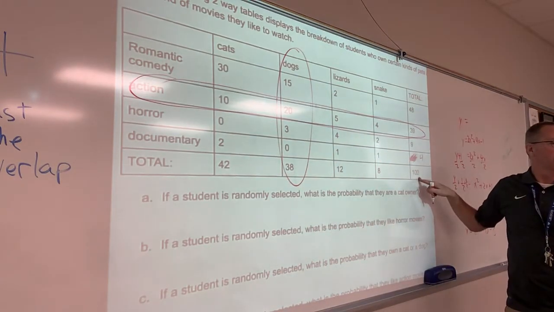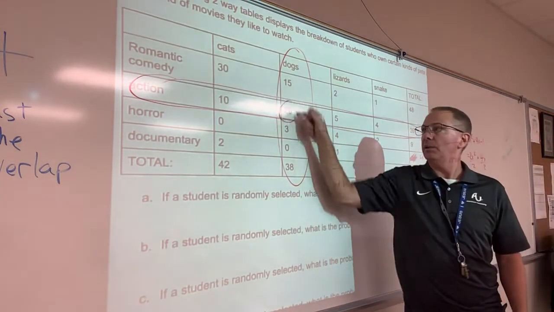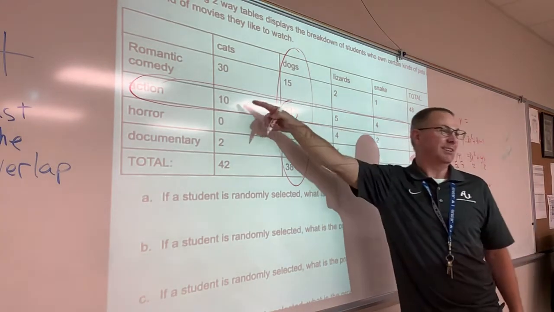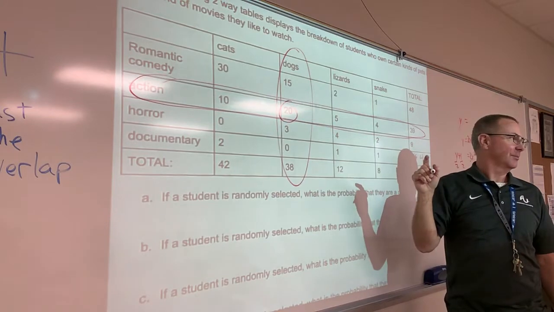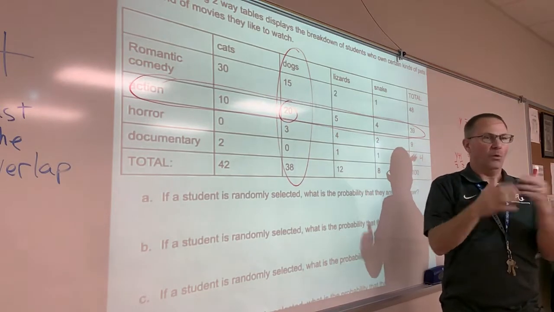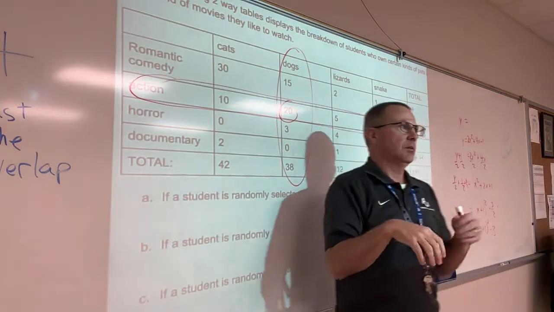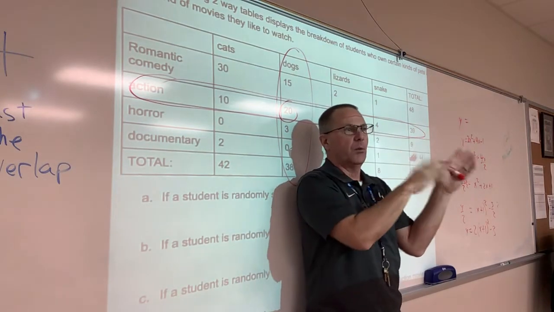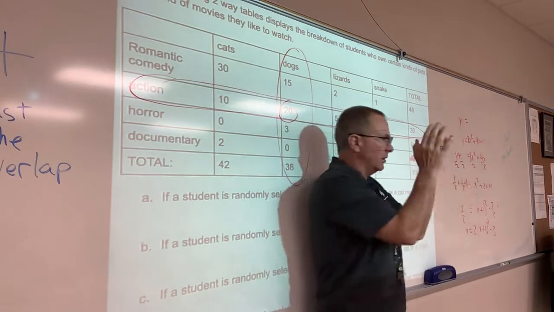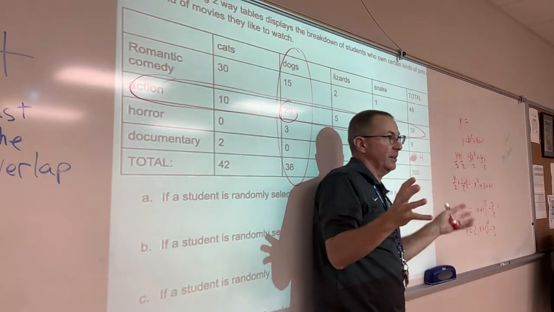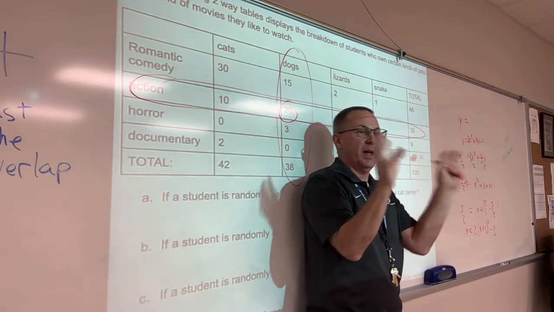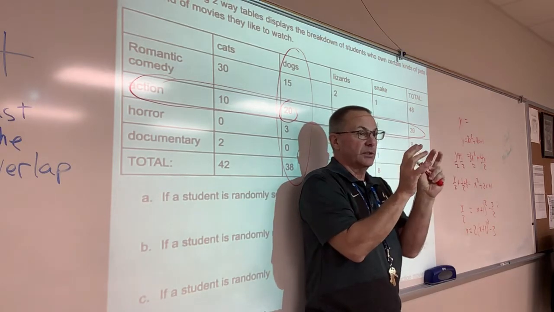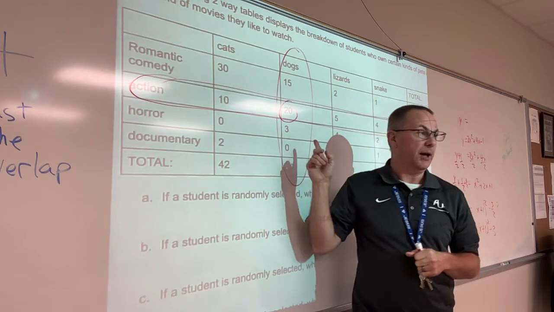Well, I counted 20 twice: the 20 in the dog owners and the 20 in the action part. So when you say or, you don't care about one or the other. You just want this one and you want that one. It's one or the other. So that's why you add the two together. The problem is they're not exclusive if they overlap.